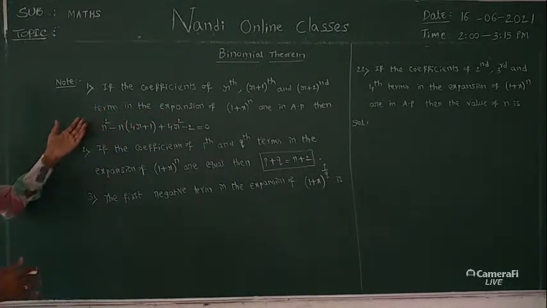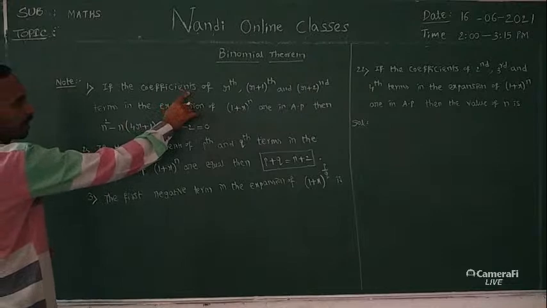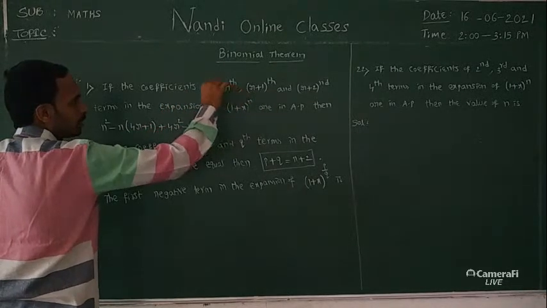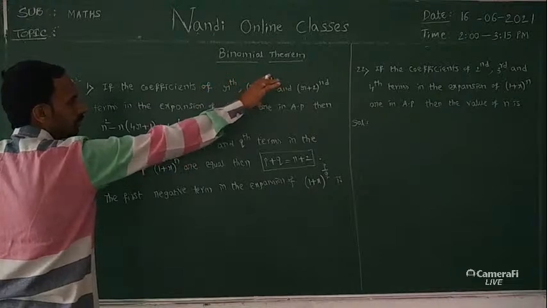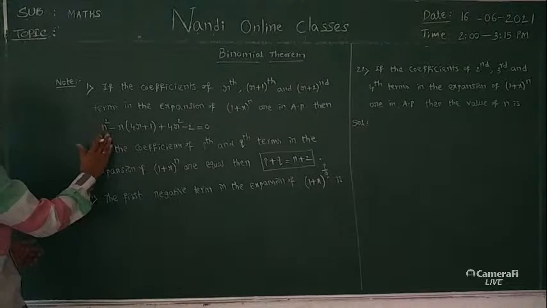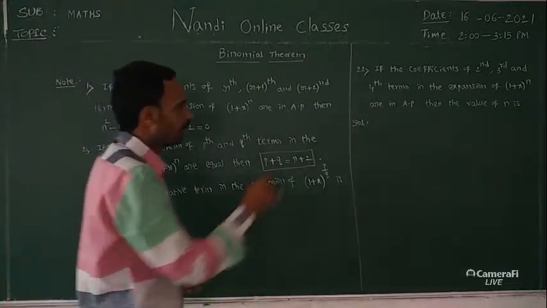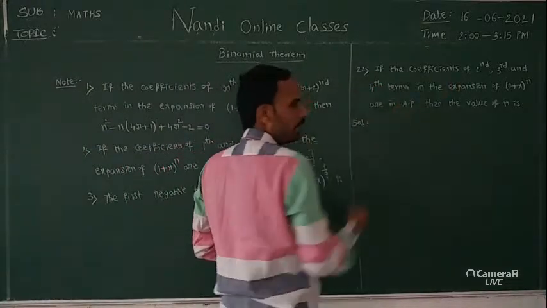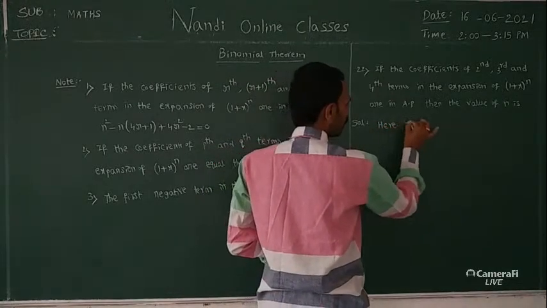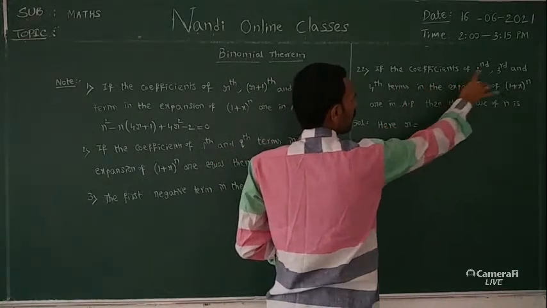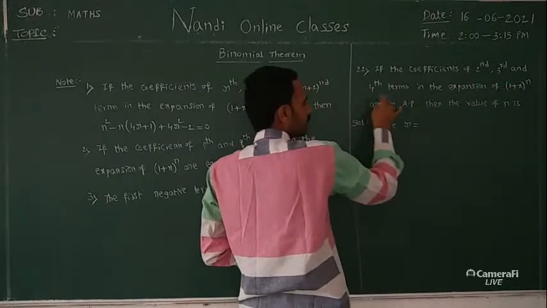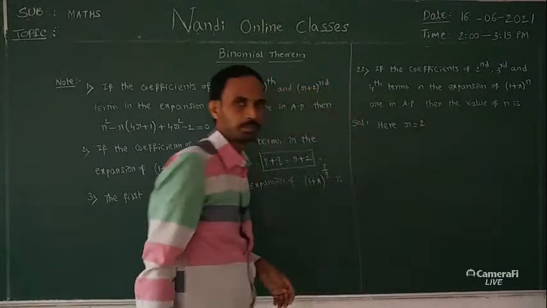Apply this synopsis point: if the coefficients of rth, r plus 1th, r plus second terms, meaning consecutive 3 terms, are in AP, this is the formula, this is the condition. So by observing, what is the r value? Here r is equal to 2.